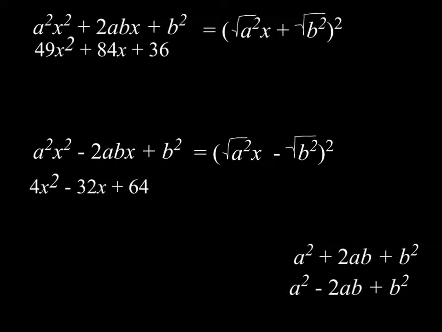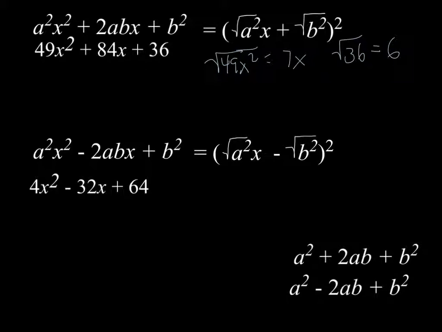So looking at this example, this first term, that 49 is a perfect square. With the x squared, it's still a perfect square. The square root of 49x squared is going to give you 7x. The square root of 36 is going to give you 6.